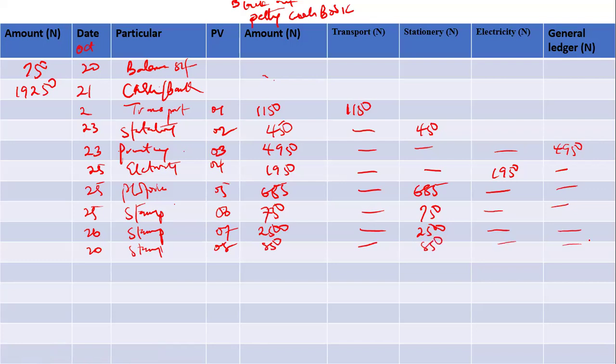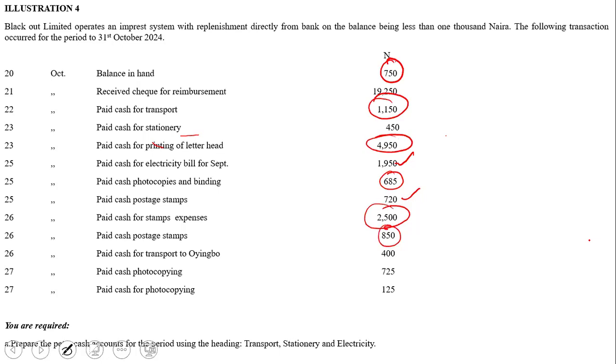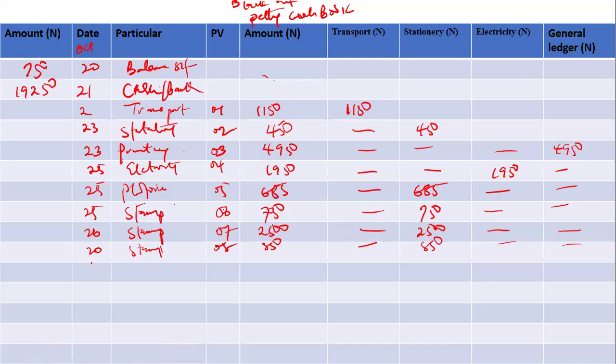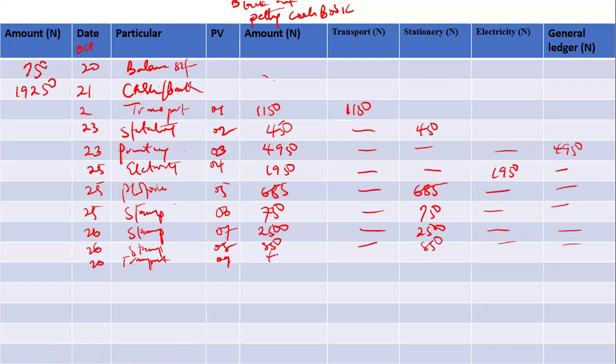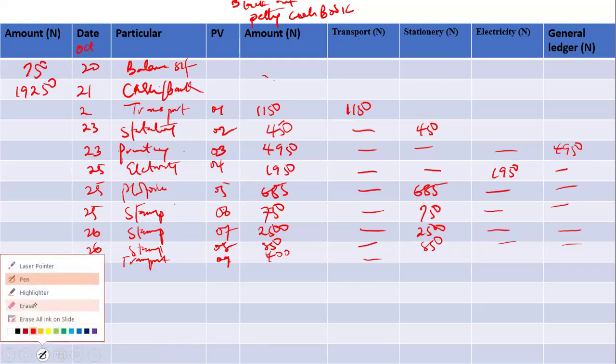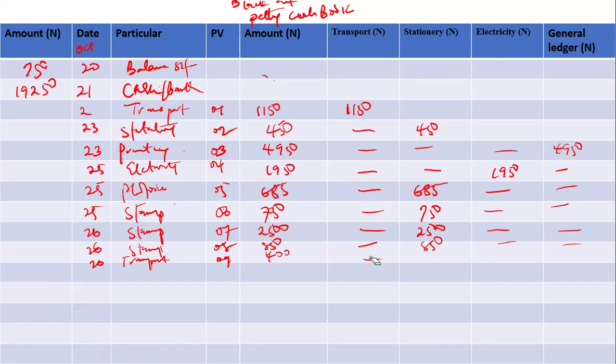So close these two. Then we have transportation to Igbo, 26th, transport Igbo 09, that's our PV number, and the amount is 400 naira. 400. Where's our transport? Yes, these are transport here. So we take it as transport.